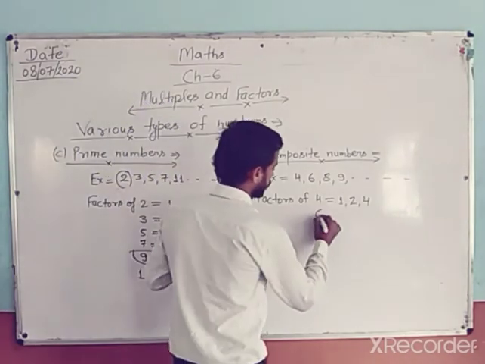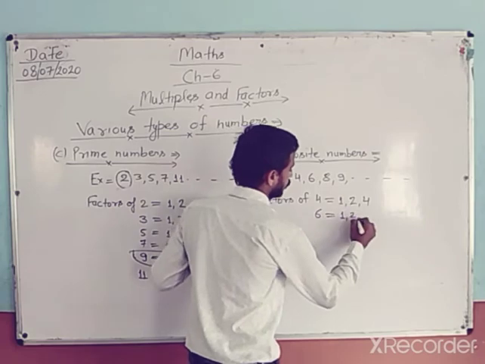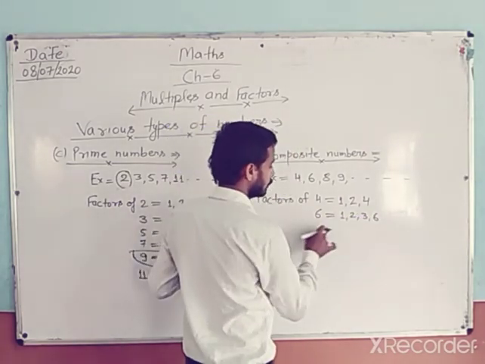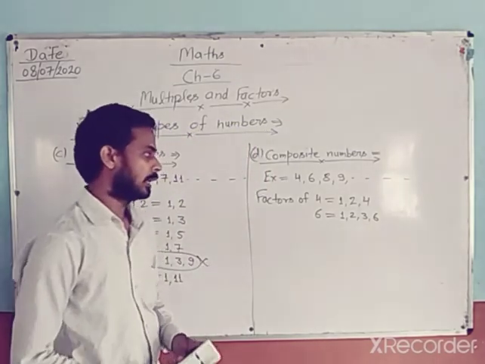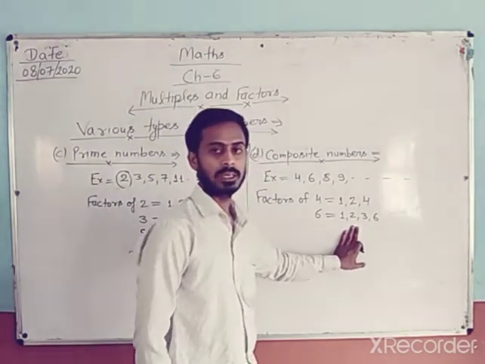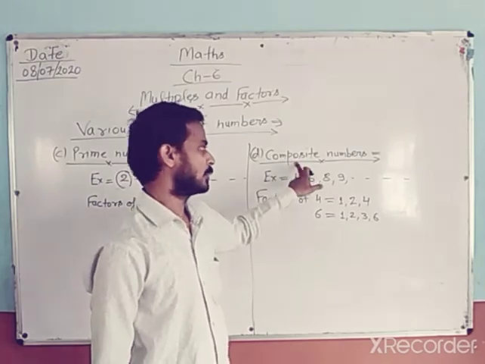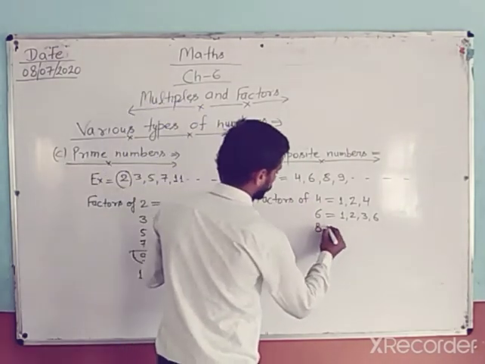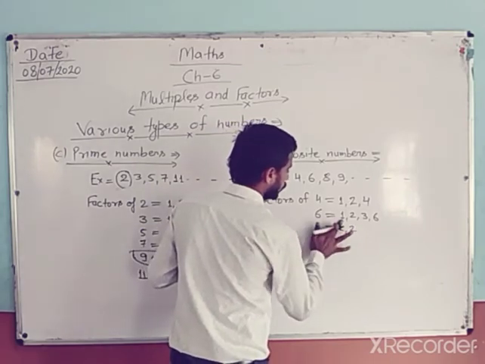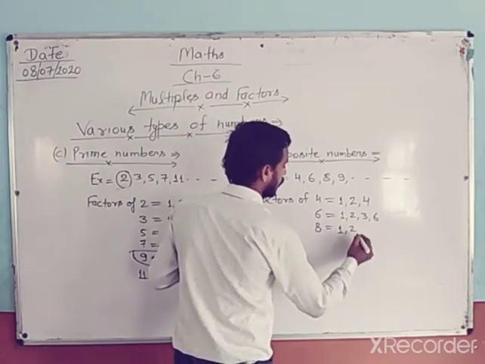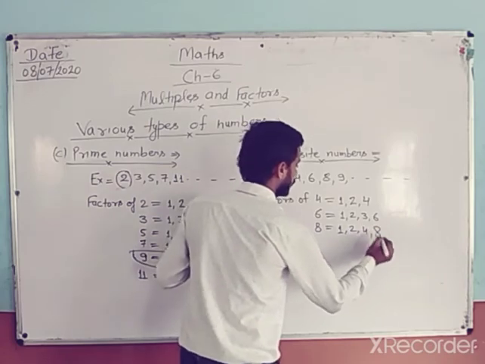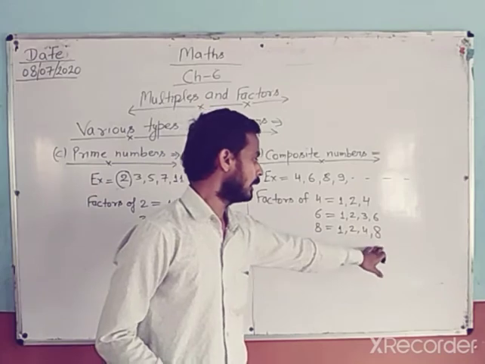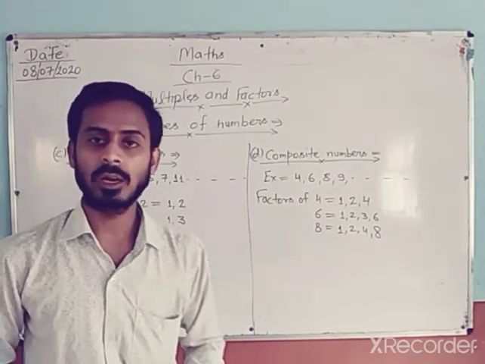Next, 6: 1, 2, 3, 6. 1 six is 6, 2 threes are 6, 3 twos are 6 and 6 ones are 6. Again, it has more than two factors. That is why 6 is also a composite number. Similarly, 8: 1, 2, 4 and 8. Again, it has four factors. So 8 is also a composite number.